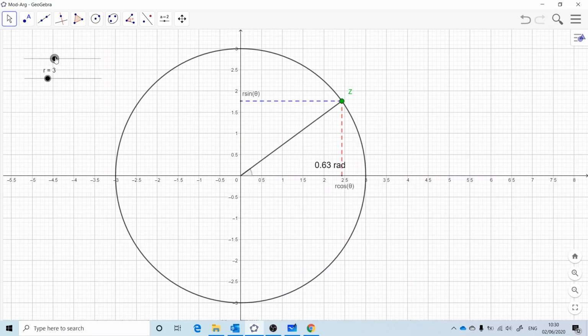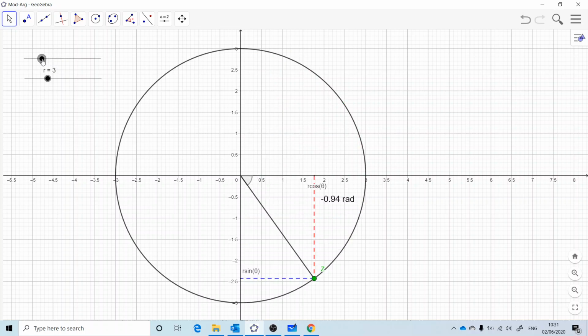And as we move around the argument, it's still the real part, the x-coordinate, and the imaginary part, the y-coordinate, is still related to sine and cos. This time, because the hypotenuse of the right angle triangle is 3, the real part would be 3 times cos of the argument, and the imaginary part would be 3 times sine of the argument. So that's where we get the formulas, r cos theta for the real part and r sine theta for the imaginary part.